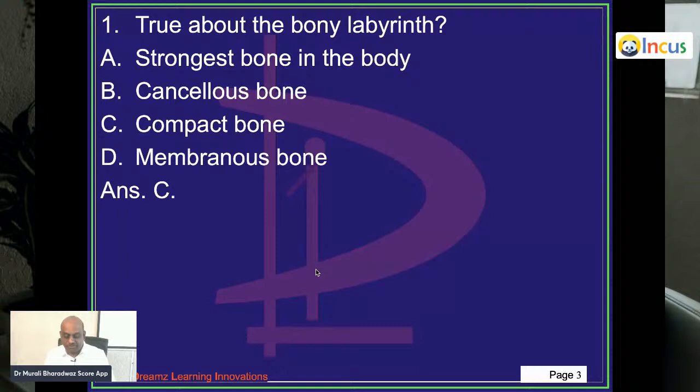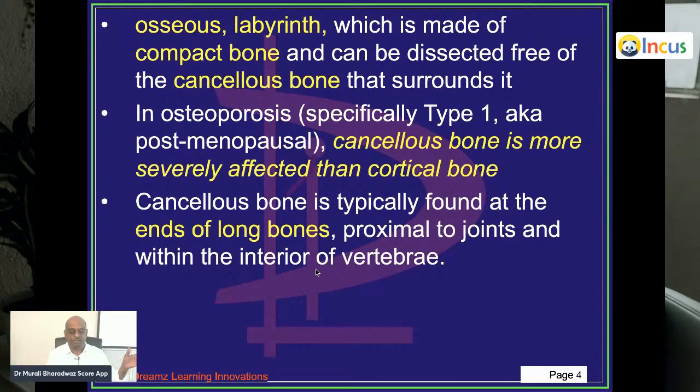Bony labyrinth. The bony labyrinth is a compact bone. So we have an osseous labyrinth, which is the bony labyrinth, which is made up of compact bone. Cancellous bone is what you find at the end of long bones. So there is one compact bone, one cancellous bone.